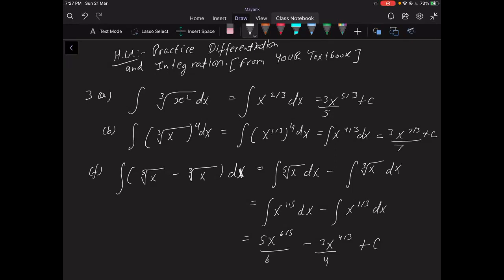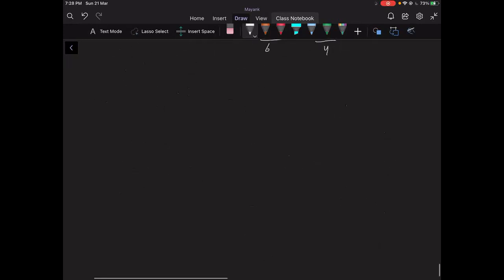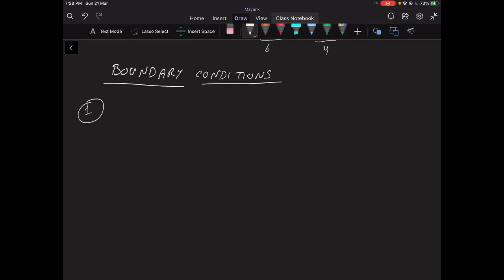Let's start with the first one. F prime x is given, and it is also given that the curve passes through the point 1, 5.